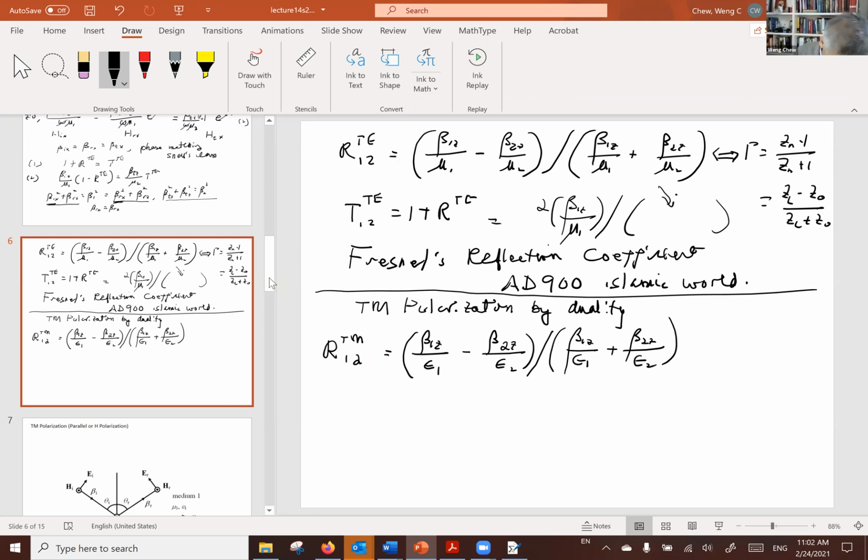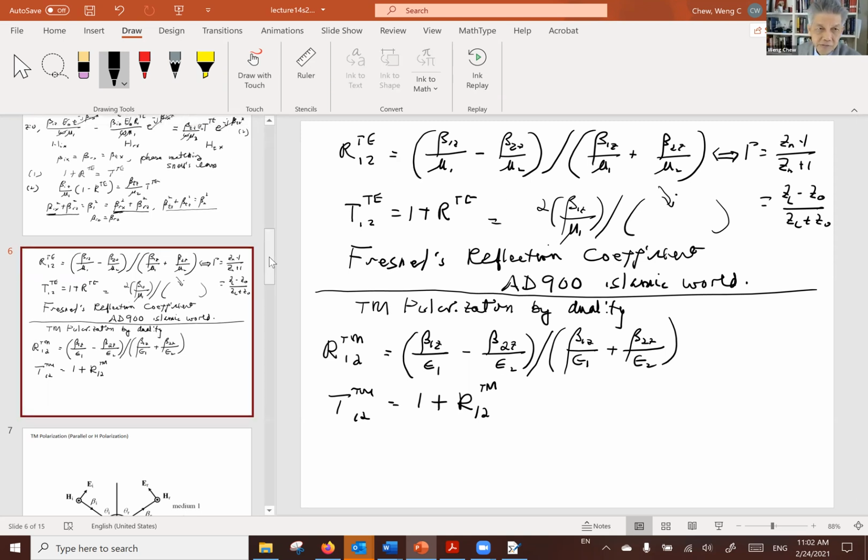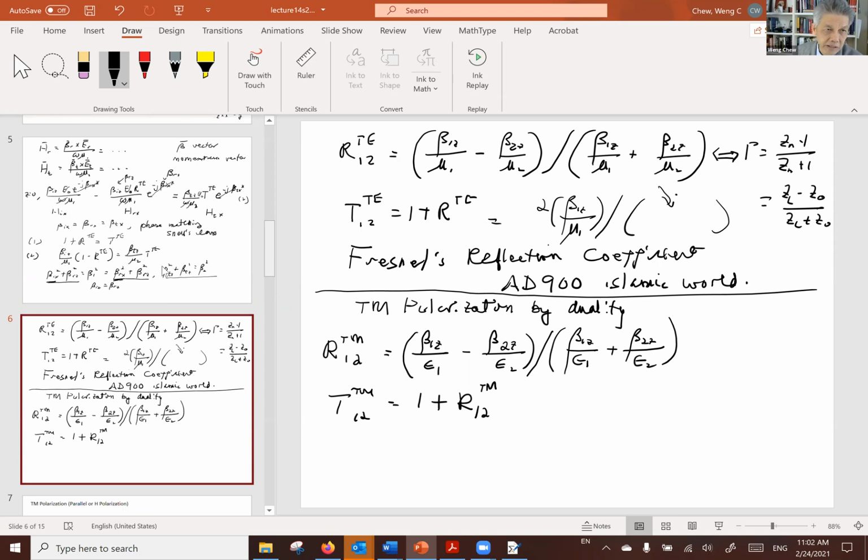And then you can do the same for the transmission coefficient, which is 1 plus R 1,2 TM. And you have to be careful, okay, because we use the duality principle. These are reflection coefficients for electric fields, because that's how we define them.